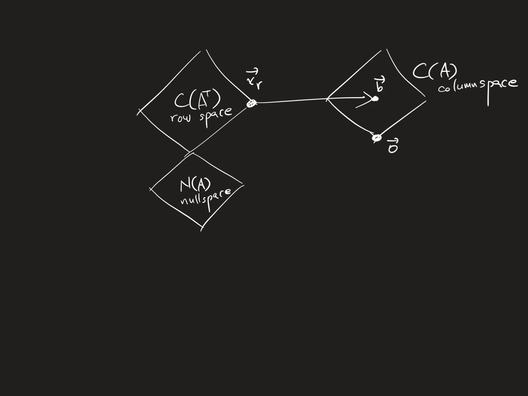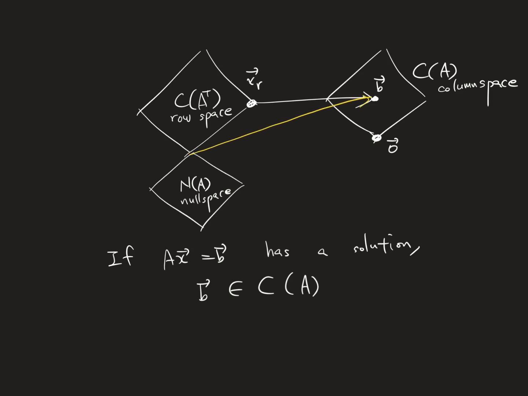If Ax equal to b has a solution, the b vector should be in the column space of A. We know that by the definition of null space, any vector in the null space will go to a zero vector.